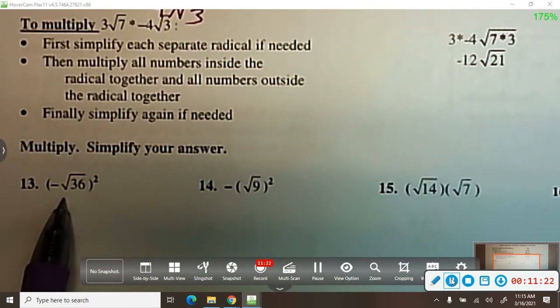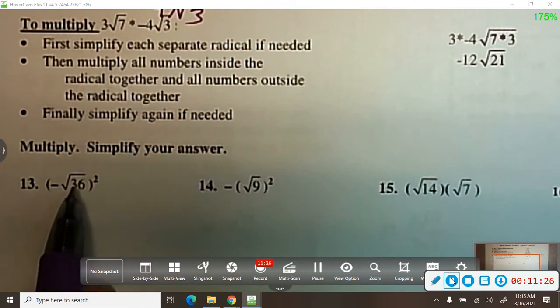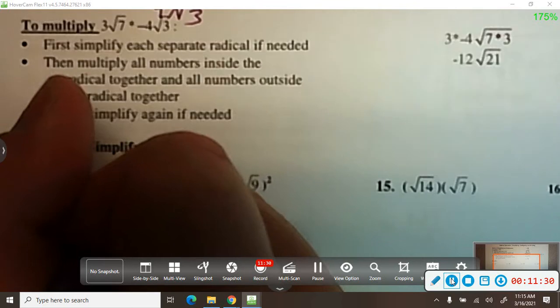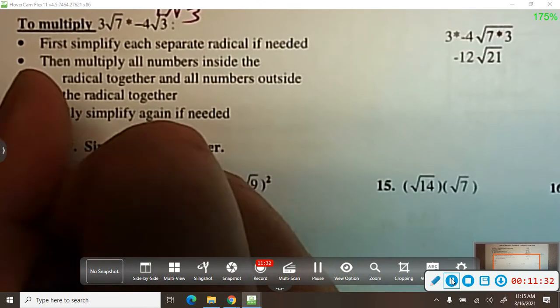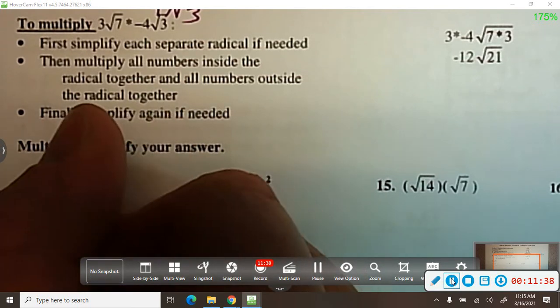Okay. It's kind of important to simplify first if you can. Like square root of 36 is just 6. So this is really -6 squared. And -6 times -6 is 36.